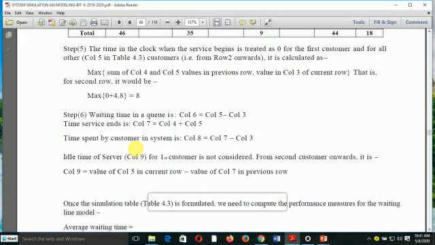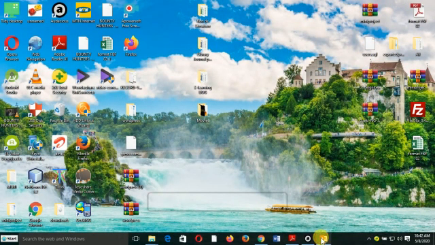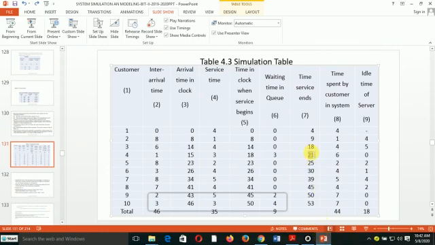So time spent by the customer in the system will be equal to column 7 minus column 3. It will be column 7, the time when the service ends, minus the arrival time. So the time when the service ends for him minus the time he arrived.